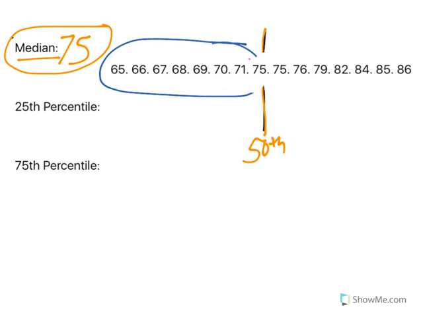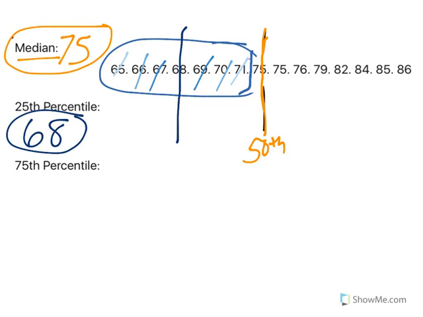And you'll notice, because we slashed through 75, 75 is not considered part of the first half because I cut through it directly. So I'm just looking at the numbers circled in blue, and again, I then go to the slash method. Top, bottom, top, bottom, top, bottom, and 68 is the median of the front half. So my 25th percentile is 68.